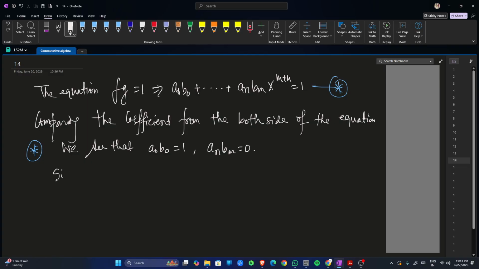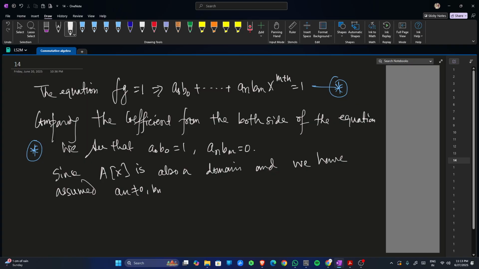Since A[x] is also a domain, and we have assumed an not equal to 0, bm not equal to 0, okay, we can compare degree from both sides also.